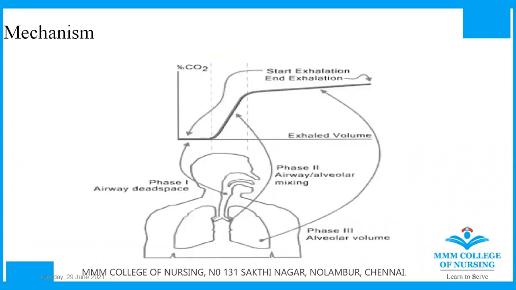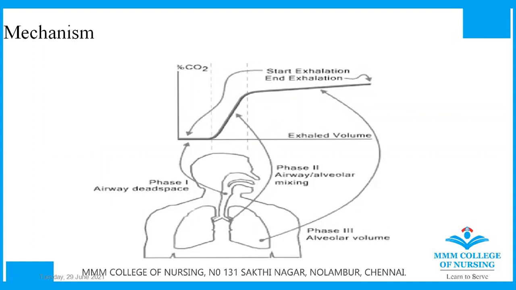The mechanism by which the end tidal carbon dioxide level is measured is by its graphical representation of the waveform, in which phase 1 shows the expired air from the airway dead space, which is a straight line showing that no carbon dioxide is present in the airway dead space.